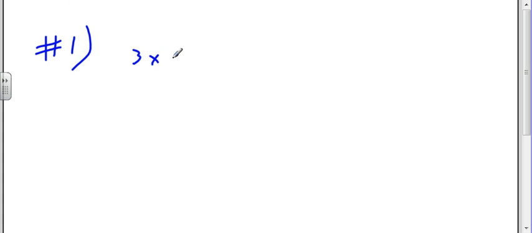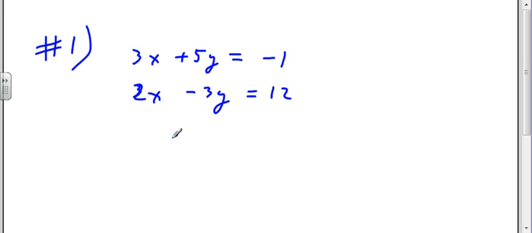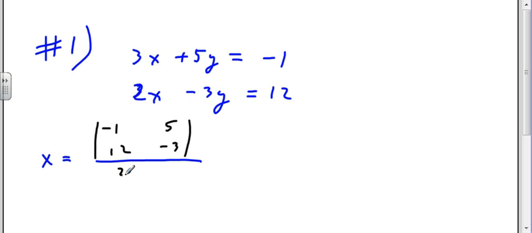And I got 3x plus 5y is equal to minus 1, 2x minus 3y is 12. And I say, well, what's x? Okay, so x is going to be minus 1 times minus 3 minus 5 times 12 on top, over 3 times minus 3 minus 5 times 2 on the bottom.